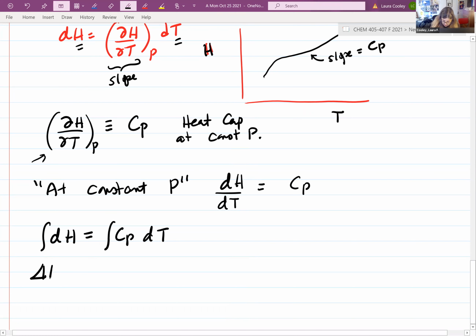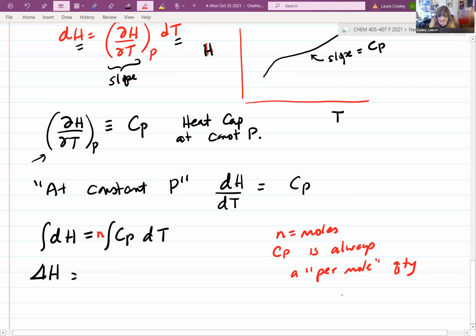So I get delta H is, now here, I have to stick in a number of moles. And how am I justified in doing this? It's because CP is always a per mole quantity. So I have to put that N in there.